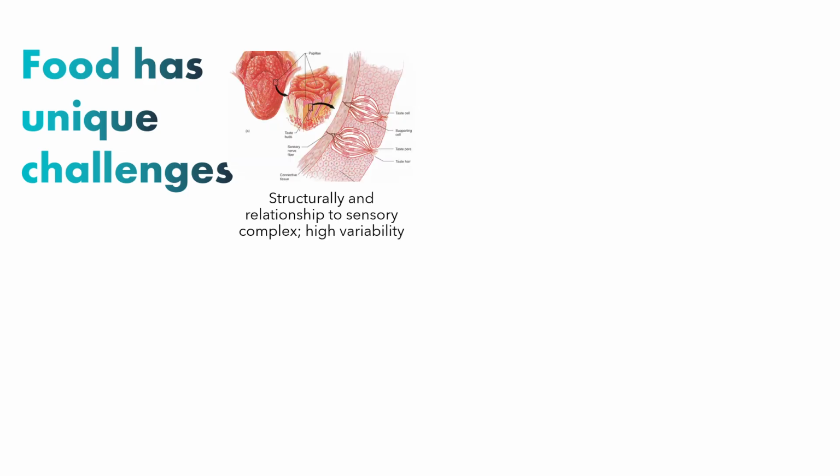Unlike, let's say, metals and plastics, in many ways food has more complexity. What are some of these complexities? Well, one of them is it's structurally complex, and its relationship to sensory qualities is more complex. There's also high variability, as you would guess, from person to person.